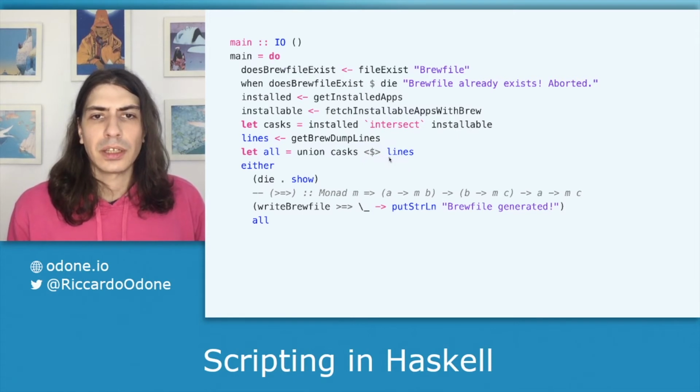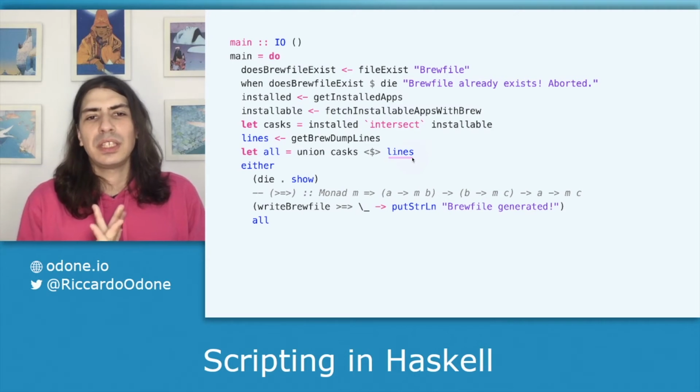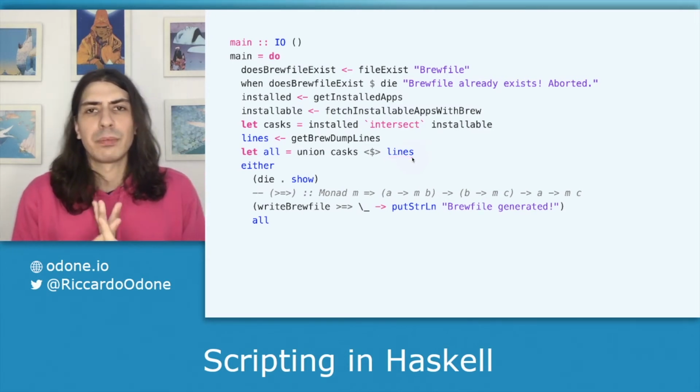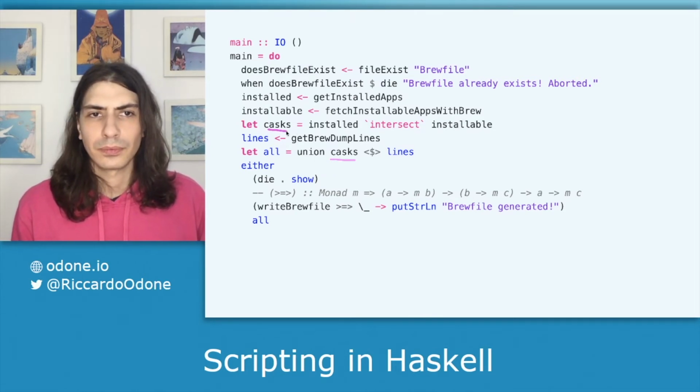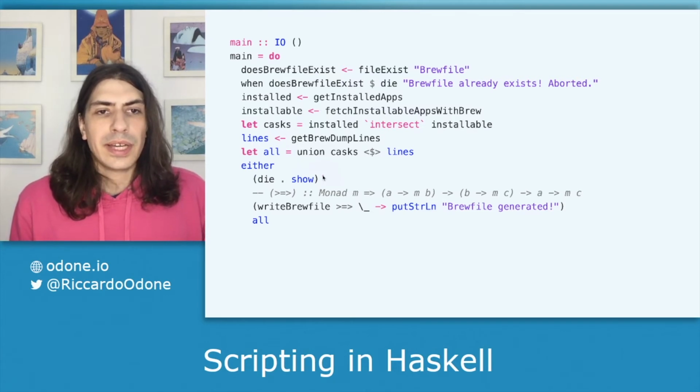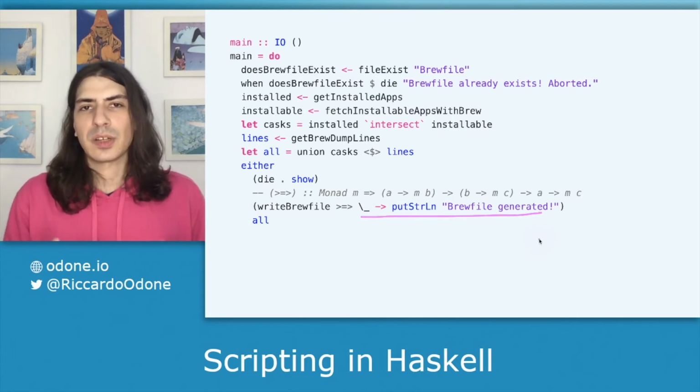Here we unionize all of the lines of the brew file dump with the casks that we found here. And then we either fail if the header that we got out of here was a left, or if it was a right, we would write the brew file and print a success message.